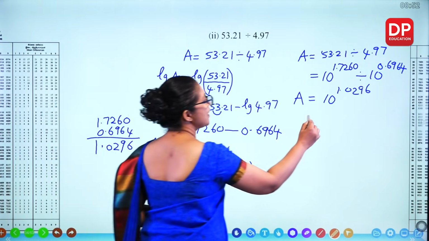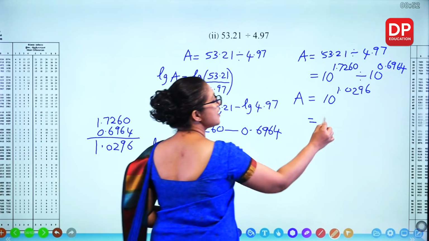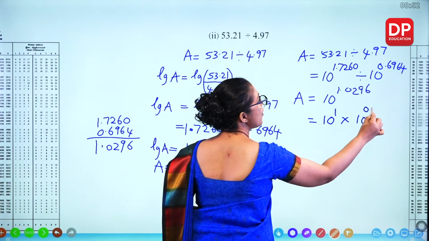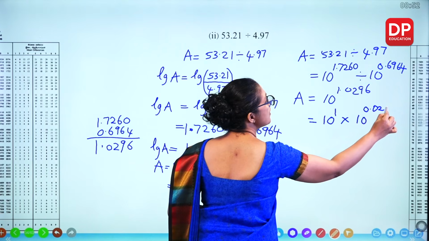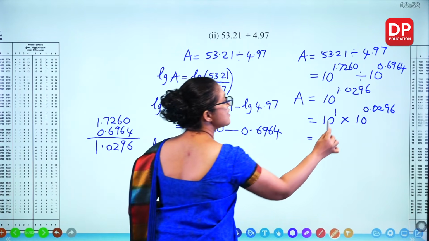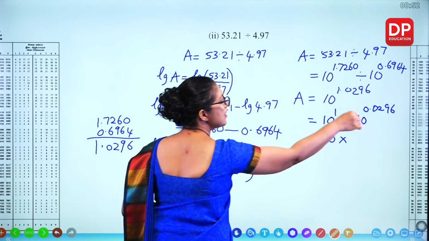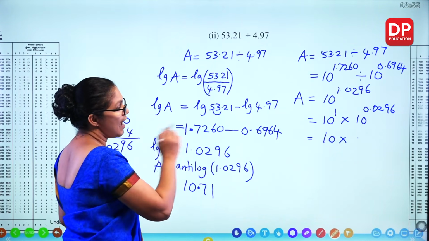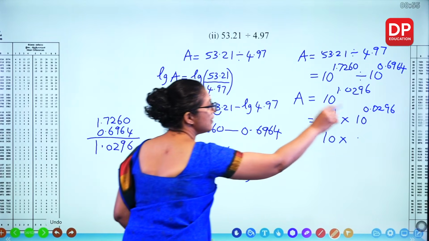So we can write this as 10 to the power 1 times 10 to the power 0.0296, and use the value when you take the antilog of this one.